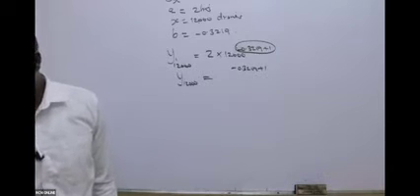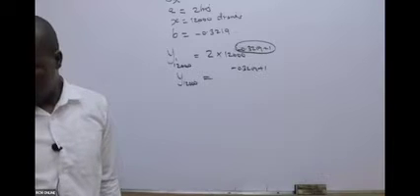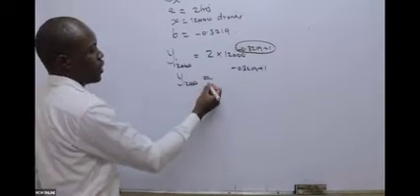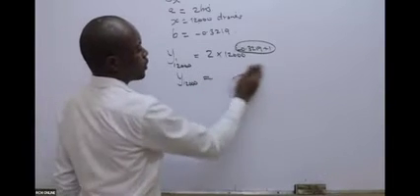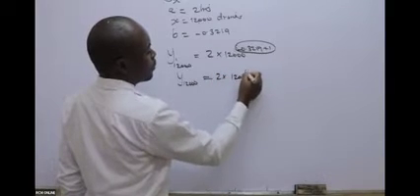What are you getting? Somebody, 0.6781. Good. So here, it means we'll be talking about 2 times 12,000 raised to the power 0.6781.